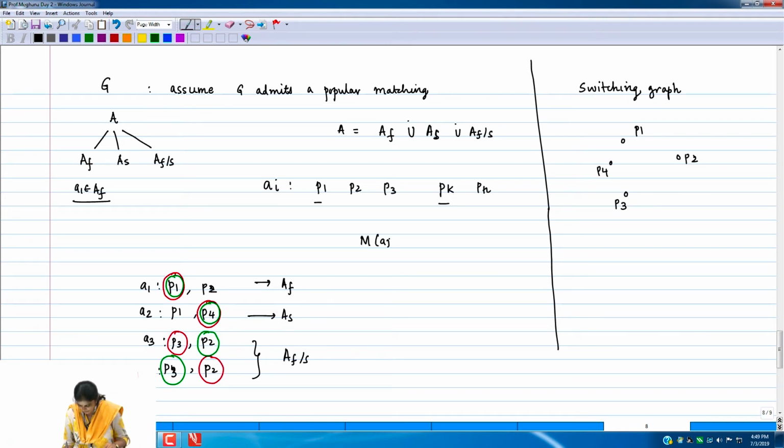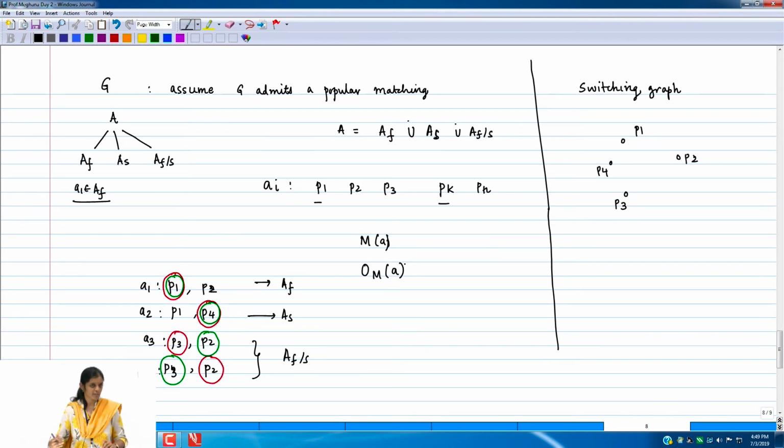And remember M of A should come from F of A or S of A, because that is how the popular matching matches it. So there is always another post, which we'll call other than the matched post.